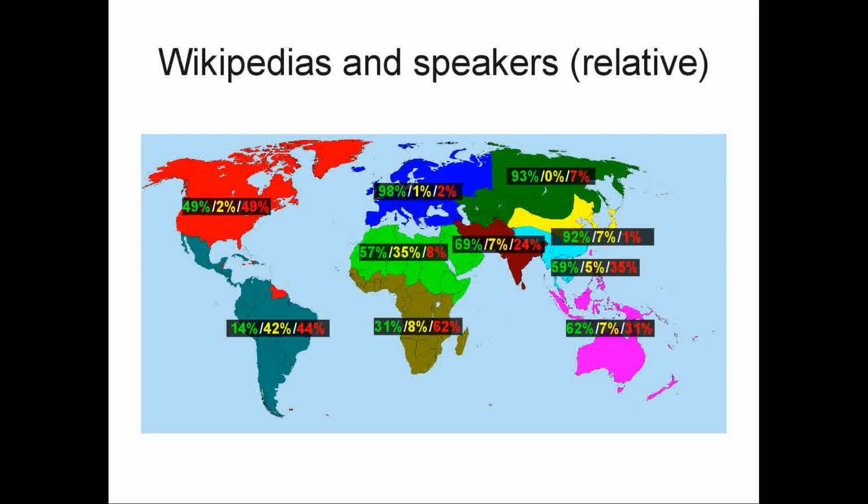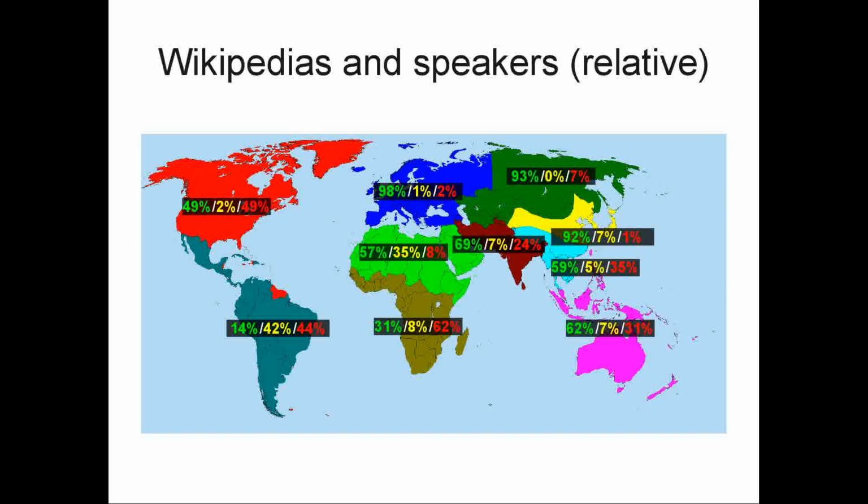The other striking fact is actually that 49% of Native Americans, of inhabitants of very developed countries, the most developed countries in the world, don't have Wikipedias in their language.